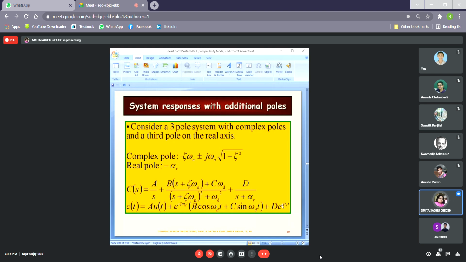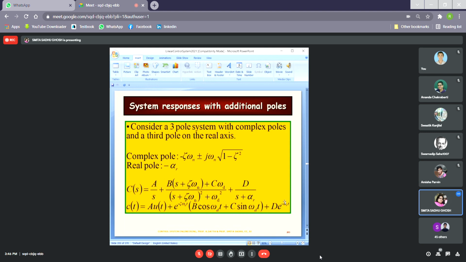Those can be studied. So now can you tell me, for a specific complex conjugate pole pair with this particular placement, let us assume that the real part of that additional pole is very small compared to the real part of this complex conjugate pole pair. Very small means what? This minus alpha r that we have over here, the value is small.